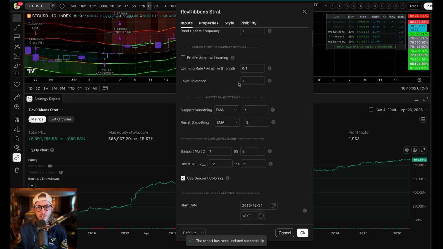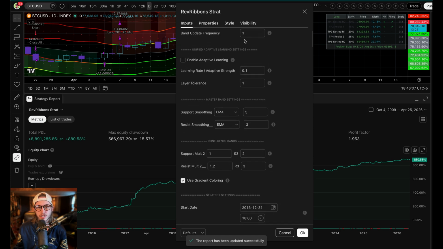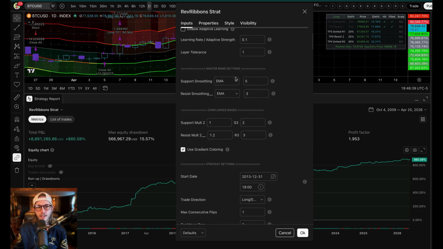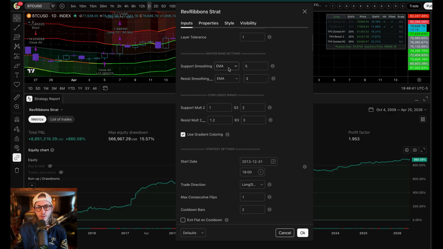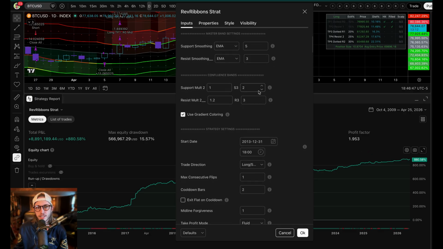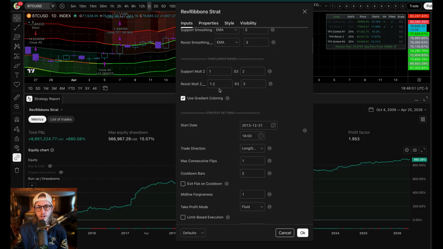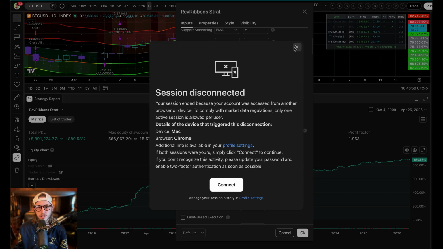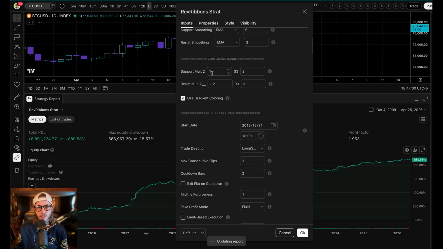Band update frequency affects both, all except for the support smoothing and resistance smoothing, though those do slightly affect the midline, so they will actually slightly affect each other. The multipliers are completely separate and only affect one or the other. So the resistance multiplier will only affect going long because it's the take profit bands. The support multiplier will only affect going short.